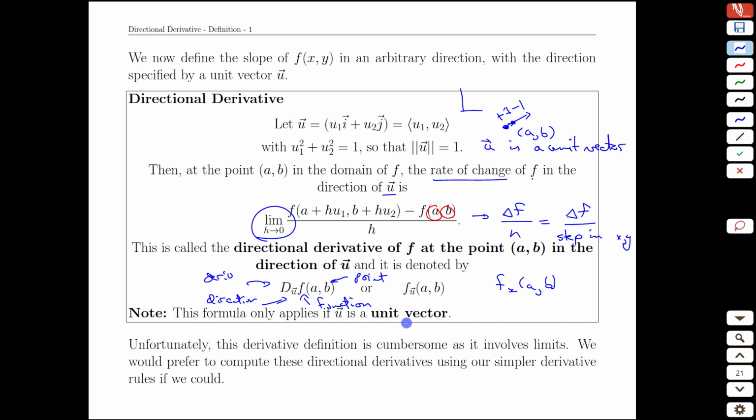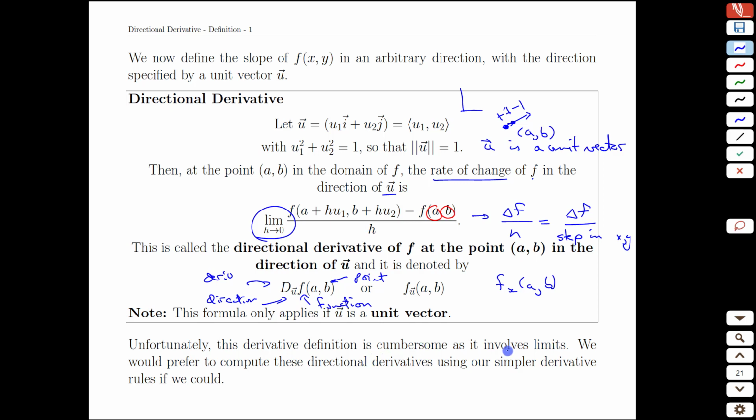An important note again is that this formula is only correct if u is a unit vector. Having length 1 is what turns the length of the step in this diagram into 1 times h, and so dividing by h makes things turn into real slope values.